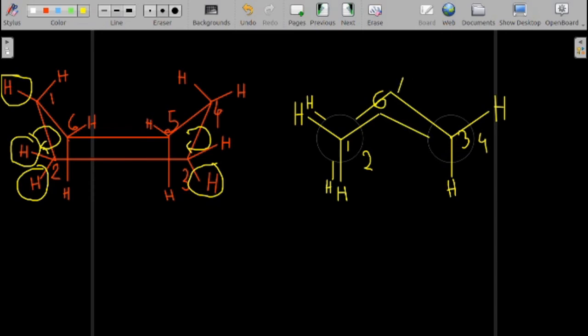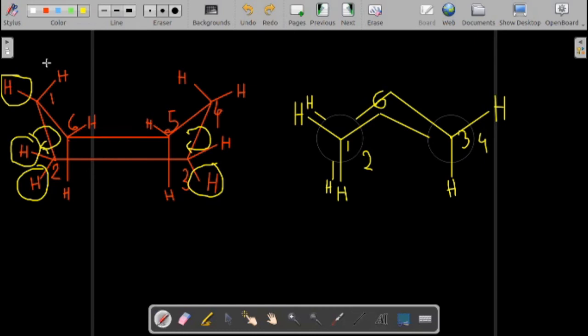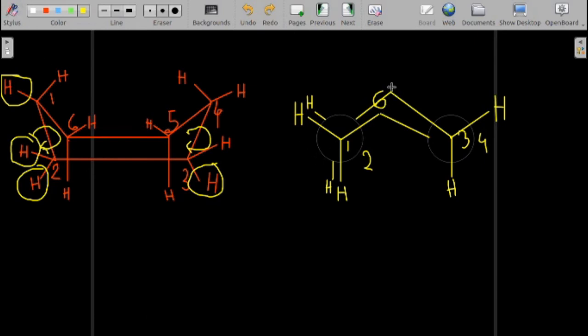This carbon is C6, and this carbon is C5.